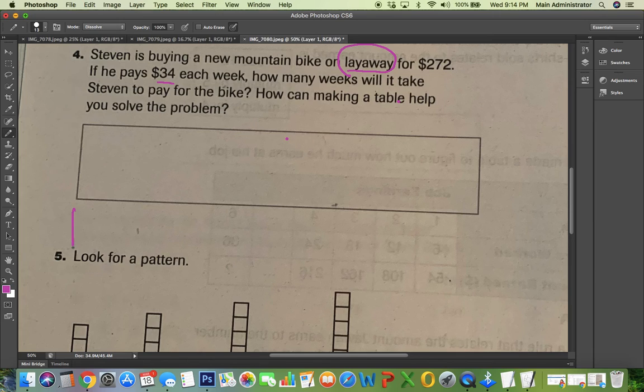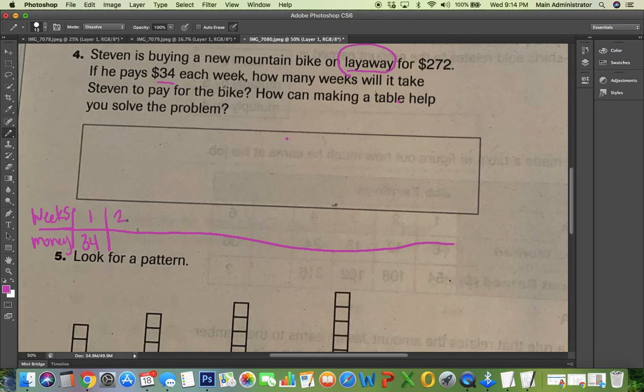So I'm going to start with a nice long crooked table. Here is the weeks. The weeks, and this is the money. Okay, so in the first week, he does $34.